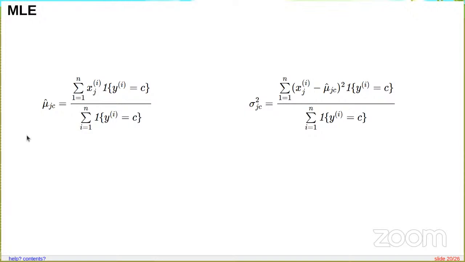These two that you see on the screen. Yes, sir. Please clarify. Okay. See, this is the estimate of the mean for the jth feature and the class C. J is the feature, C is the class.